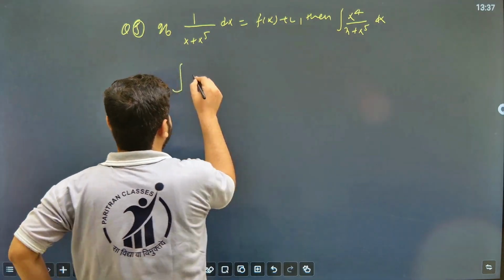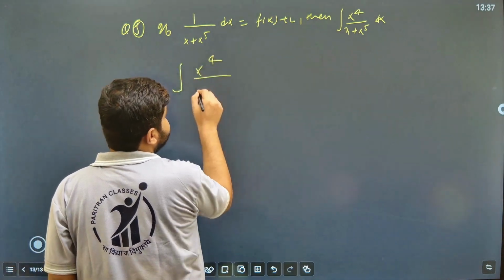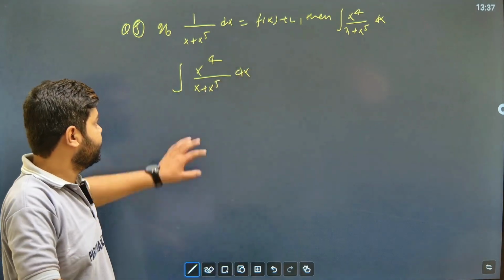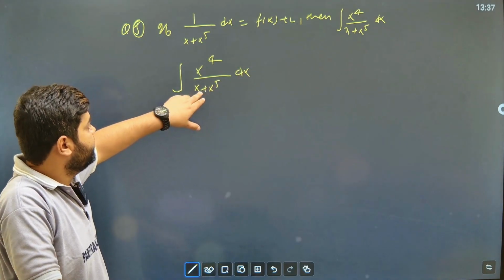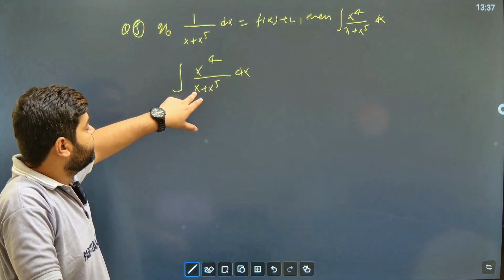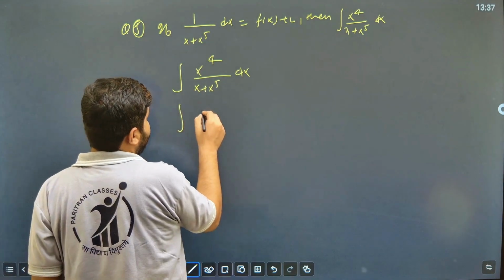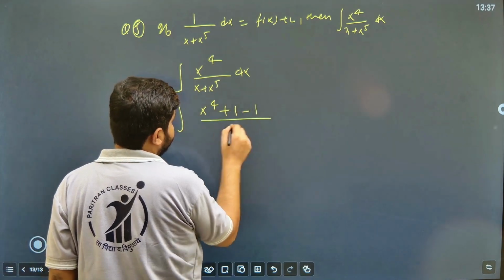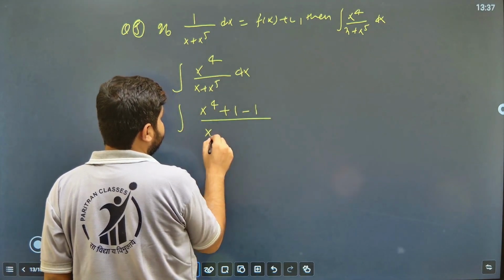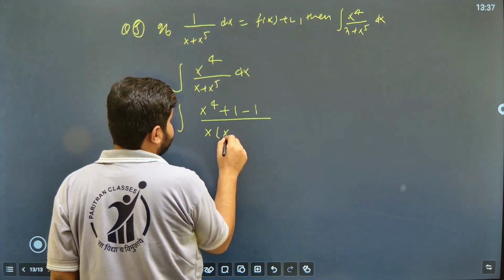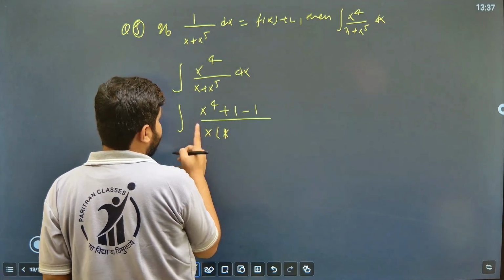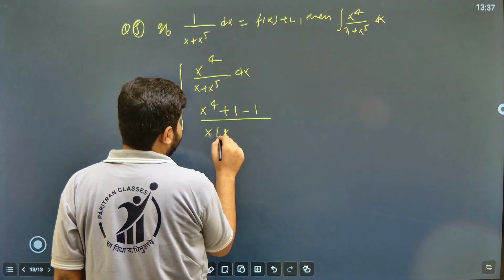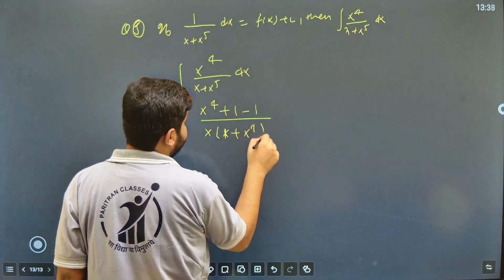First we have to manipulate this question, so we write x to the power 4 plus 1 minus 1 in the numerator, and in the denominator we take x as a common factor, so we write x into x plus x to the power 4.